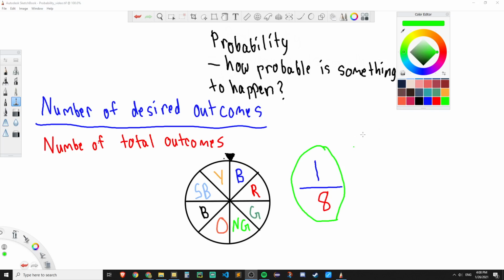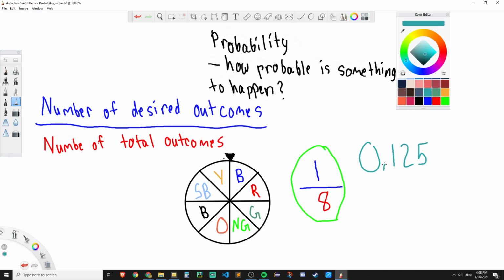Now, I've made it easier for you guys because I just outright know what this is. 1/8 as a decimal would be 0.125. Okay, and to make a percent out of a decimal, you have to multiply the decimal by 100.